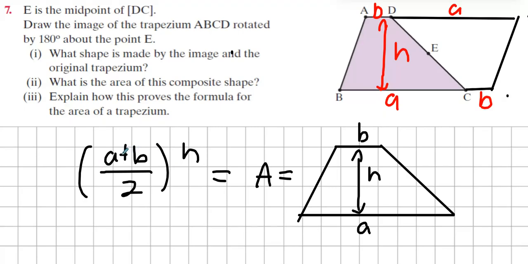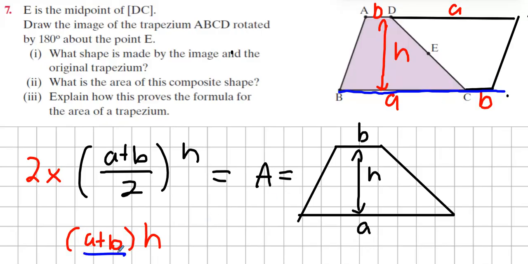So the area of the trapezium is this, but what we're saying is that our parallelogram is twice as large. Would you agree with that? So if I multiply this whole thing by 2, what happens? It's just A plus B times H. And what is A plus B? A plus B is the length of the base, isn't it? And the length of the base, so the area of a parallelogram is the length of the base multiplied by the perpendicular height.